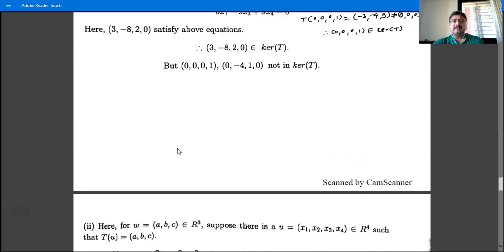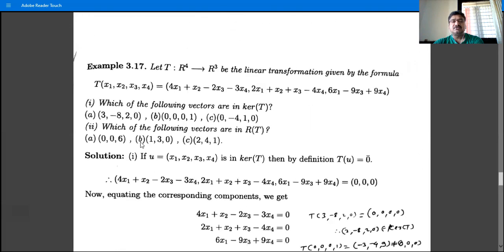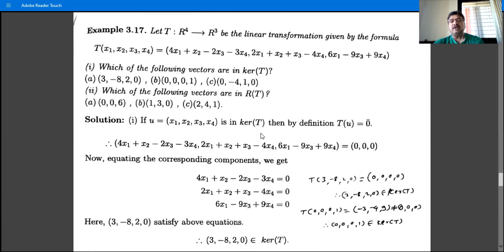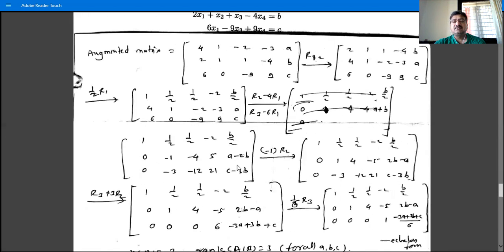And so all these vectors, (0,0,6), (1,3,0), (2,4,1), belong to the range of T, because every vector from R3 has a pre-image.